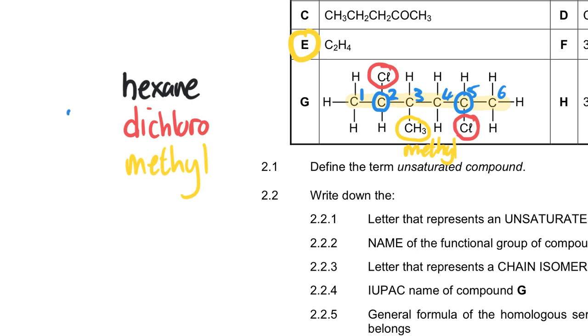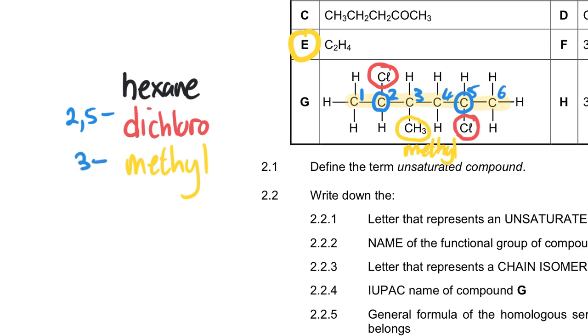So this is going to be 2,5-dichloro. You see there, this chlorine's on carbon 2, this chlorine's on carbon 5, and the methyl group will be on carbon number 3, so that would be 3-methyl.